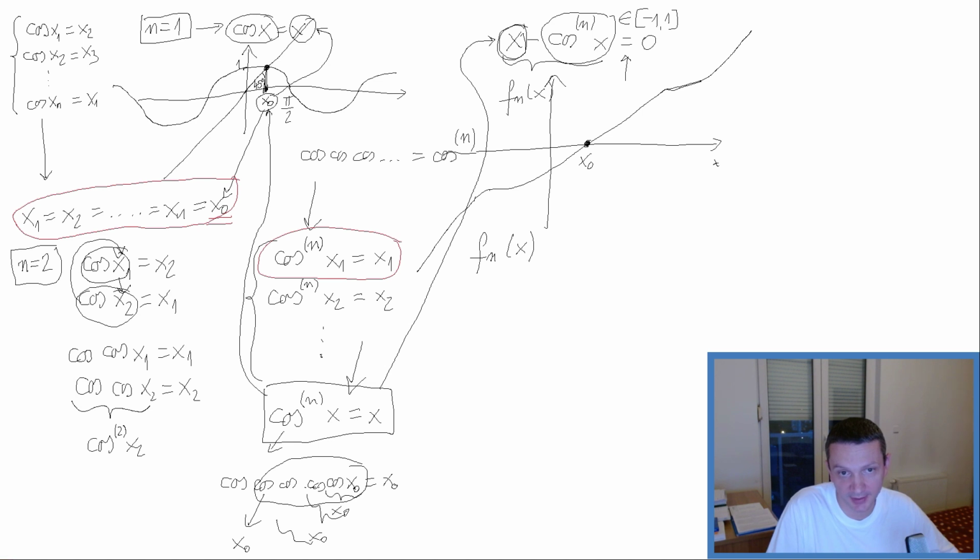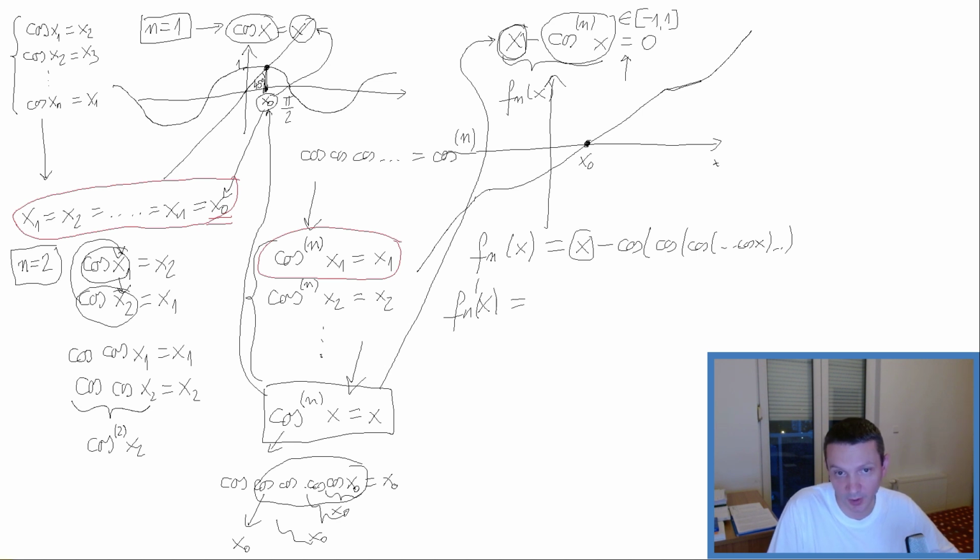We have fn of x is equal to x minus cosine of cosine of cosine n times of x, cosine of x. So what is the derivative of that function fn prime of x?